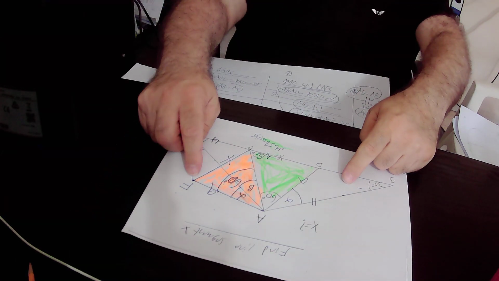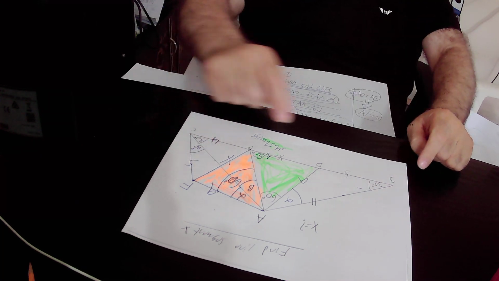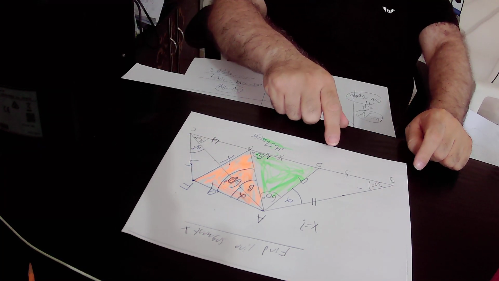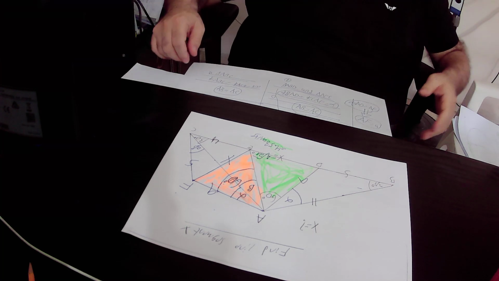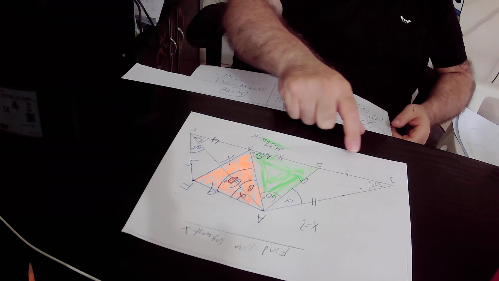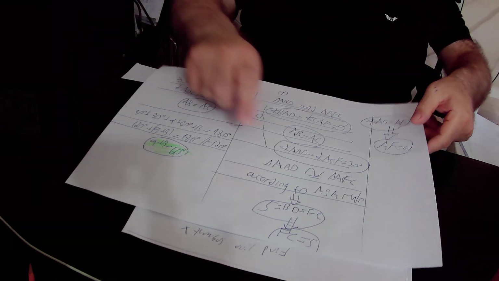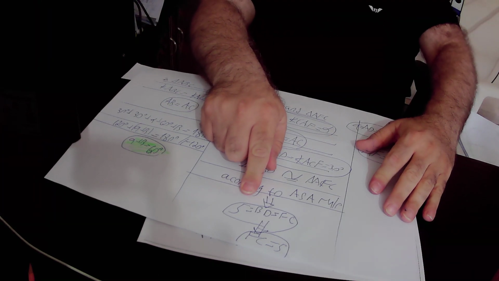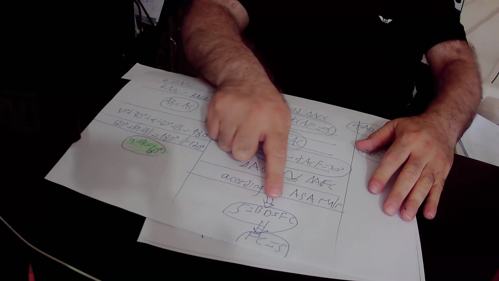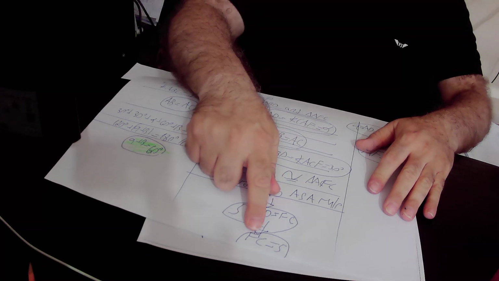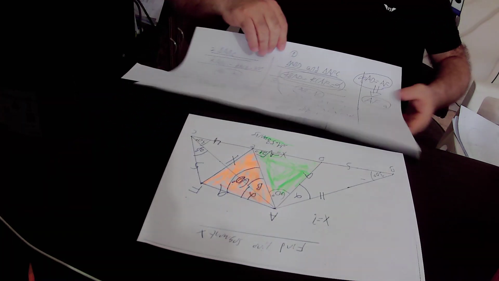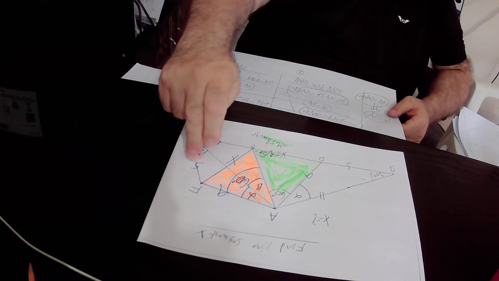Those two triangles can go into each other, therefore the two corresponding sides, that is to say BD and FC, must also be equal to each other. But according to what is given in the question, side BD equals 5 units. So we can write here that BD equals 5, and from this equation 5 equals BD equals FC, we derive that side FC also equals 5 units. Here, side FC of triangle AFC also equals 5 units.